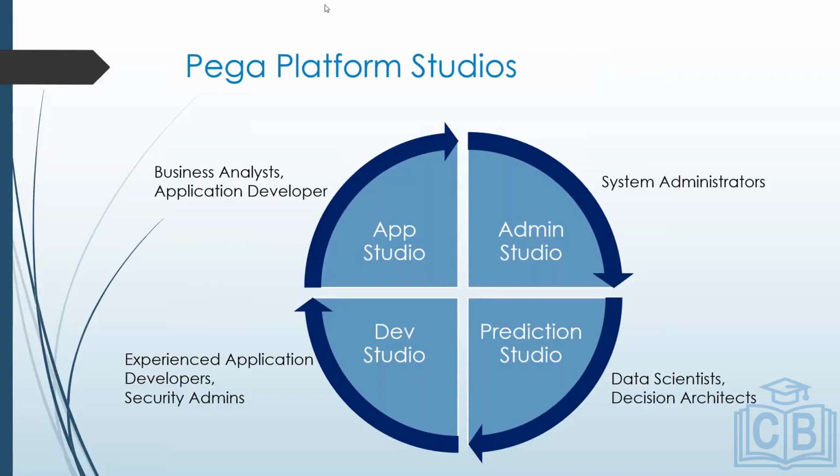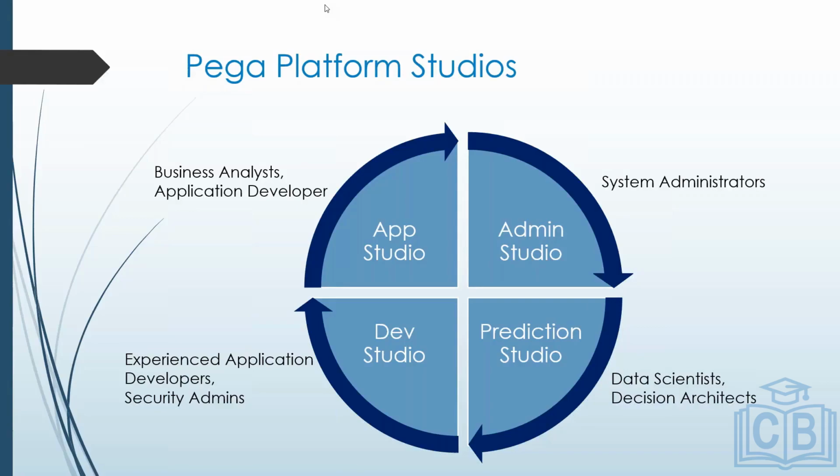App Studio is for business analysts or business architects for faster application development, whereas Dev Studio is for experienced developers for all the complex requirements; security, versioning, all of that is part of Dev Studio. Admin Studio is for system administrators to look after background processing, batch jobs and so on. And if you want to bring AI/ML features into your application, you can have Prediction Studio. Your data scientists and data analysts will be working on the prediction.